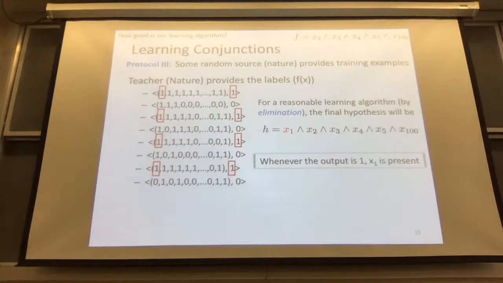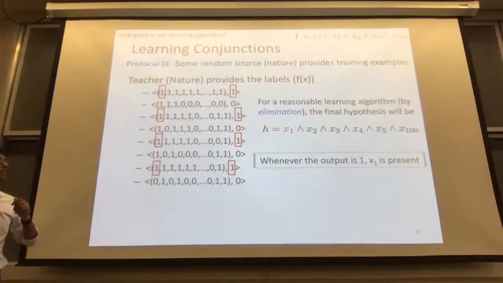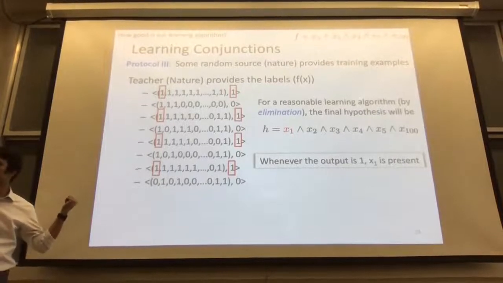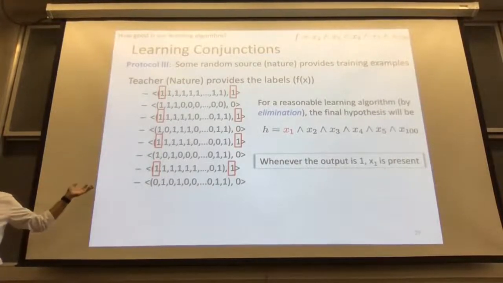The reason x100 survives is because it just so happened that in this particular randomly chosen set of examples, just by accident, whenever the output is 1, x1 is also present. So there's no way that the learner can eliminate x1.